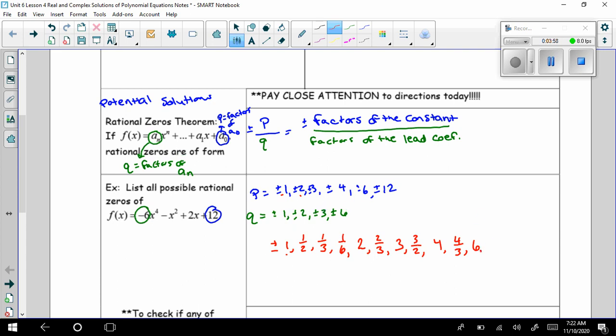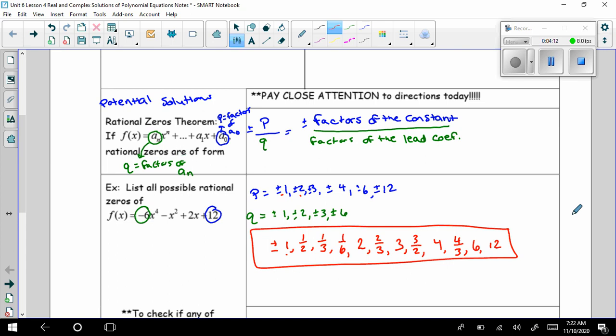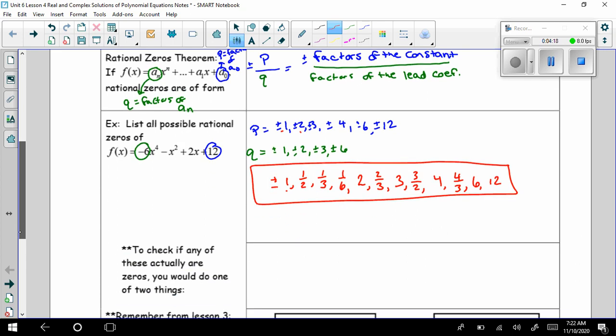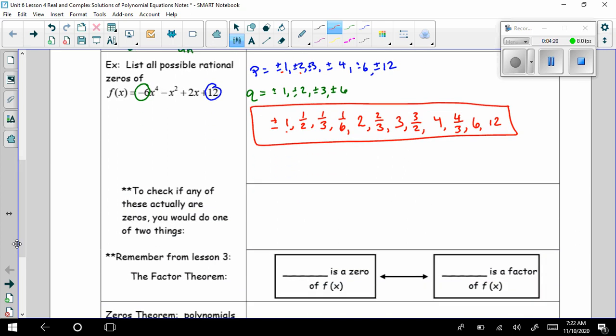And then 12, that's 6, that's 4, that's 2. And so then that's it. So when it says list all possible rational zeros for this quadratic, this is your list. All right, that's not to say all of those are zeros, but if it is a zero, it will be in that list.